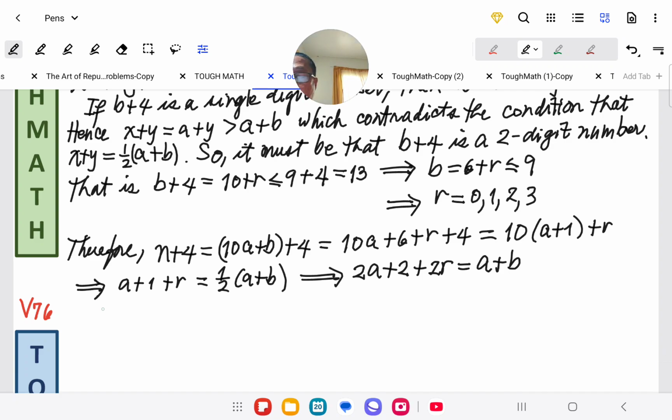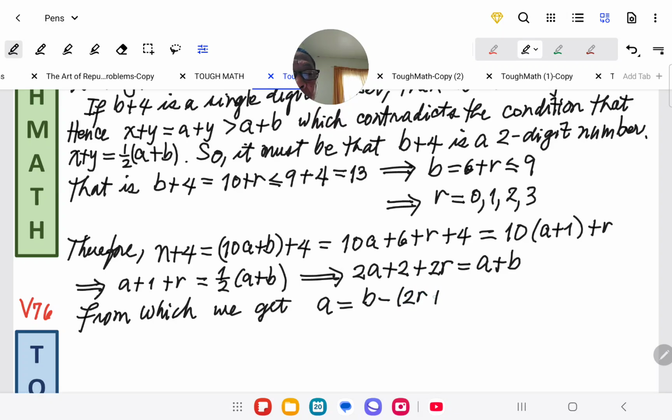From which we get a is equal to b minus 2 times (r plus 1).